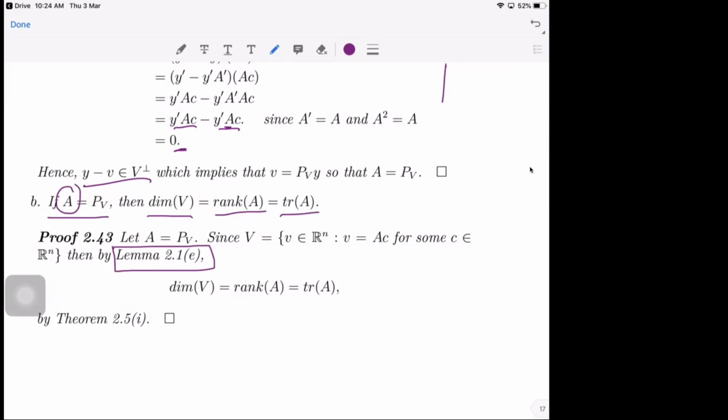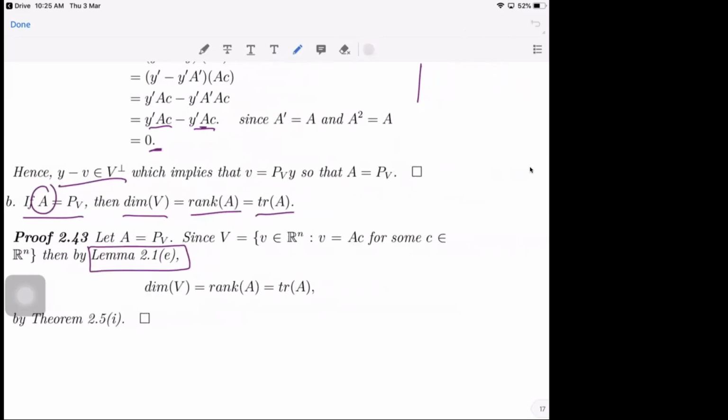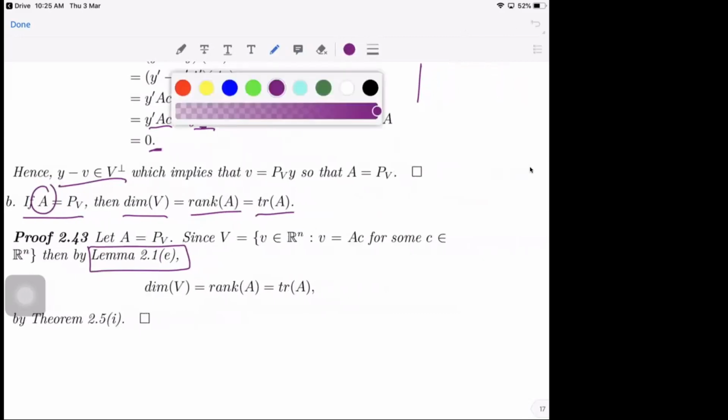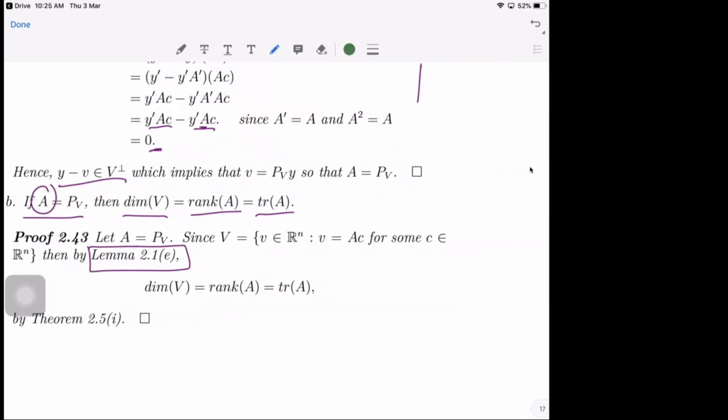It says here that if X is n by p with rank R, it means X is not necessarily full rank.